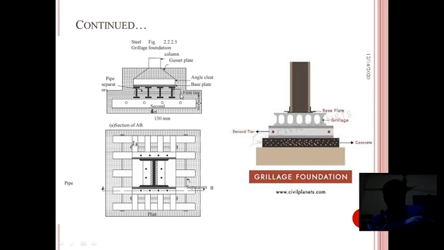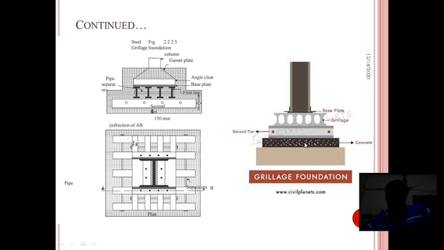In the cross section you can observe, so this is a column rested on the I sections. These are some of the I sections provided adjacent to each other and connected to the main beam. So this is one of the important foundations, and here you can see a color photograph of this grillage foundation.